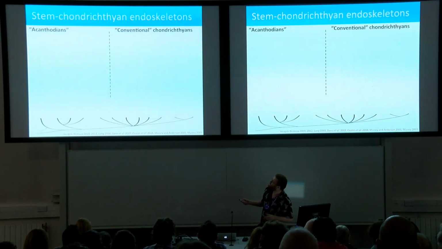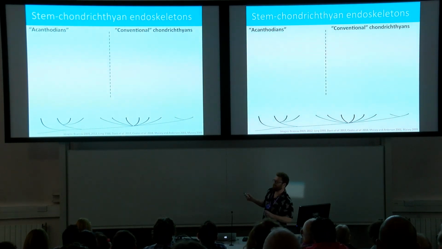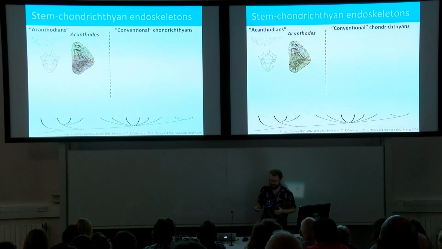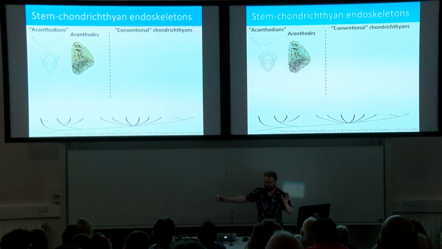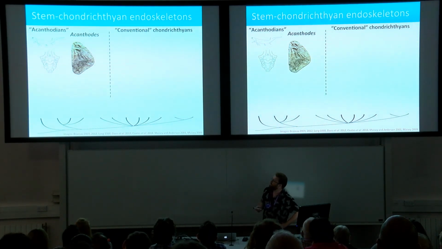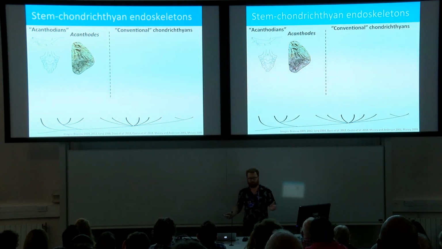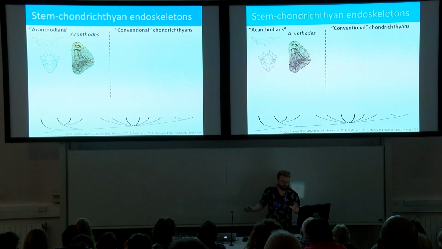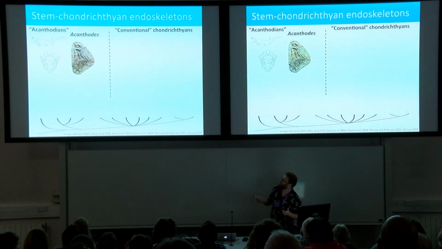What we do have is two well-understood acanthodian endoskeletons, one of which is Acanthodes. This is a Permian acanthodian, so quite late in acanthodian history. It's understood from quite a lot of natural moulds, but these are quite confusing and have led to lots of different interpretations of its gill skeleton and its brain.